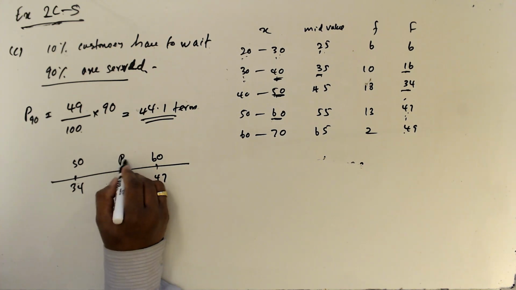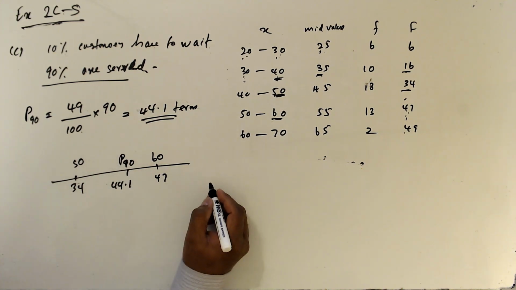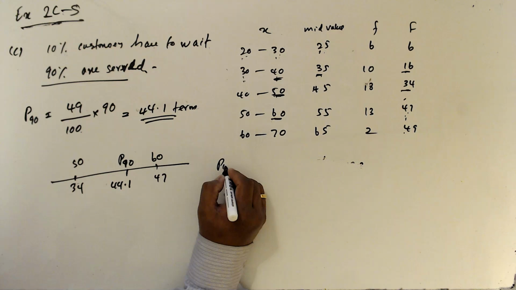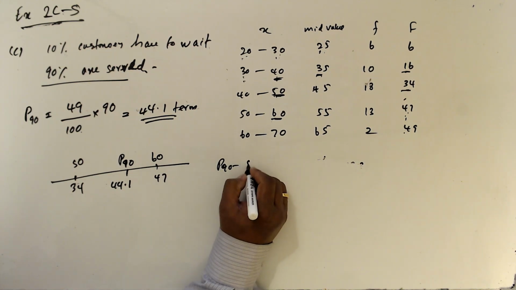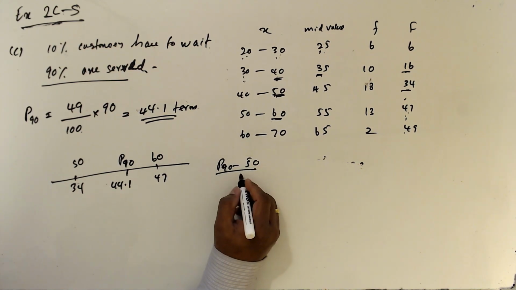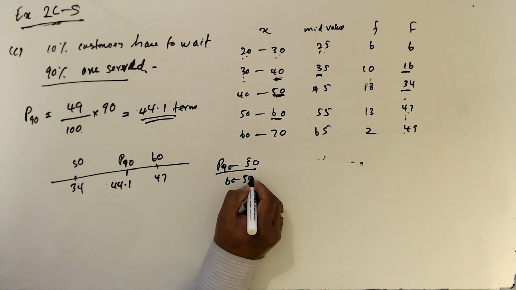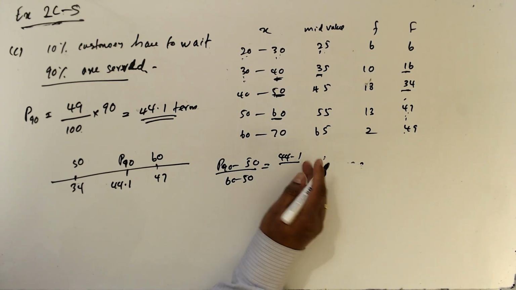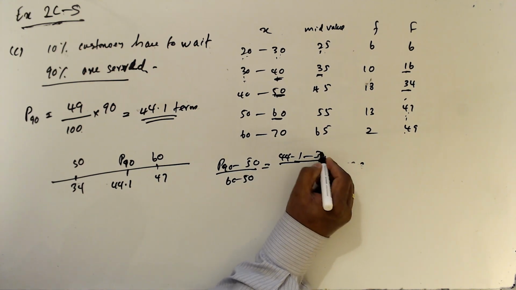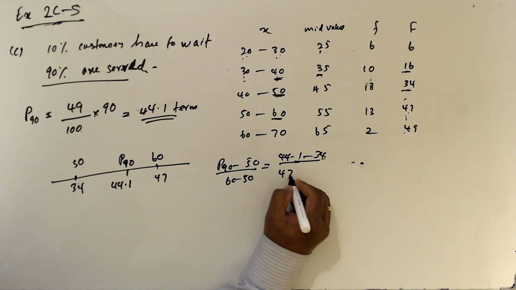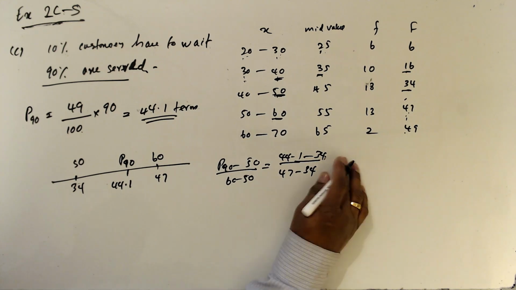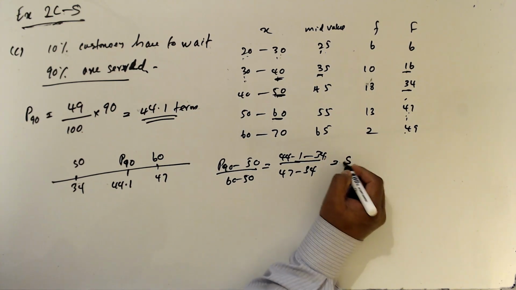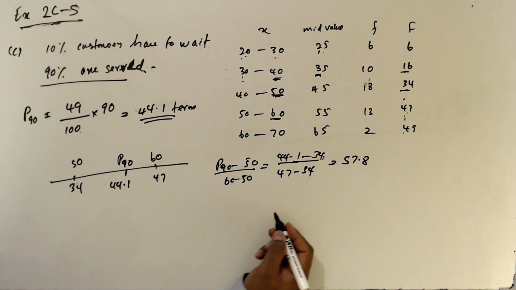So this is P90. By interpolation, P90 minus 50 over 60 minus 50 equals 44.1 minus 34 over 47 minus 34. The answer is 57.8.